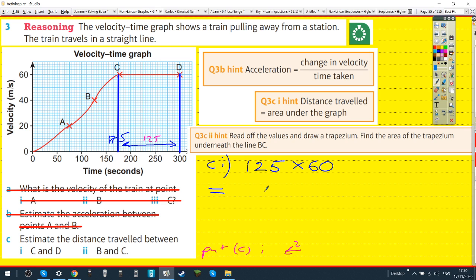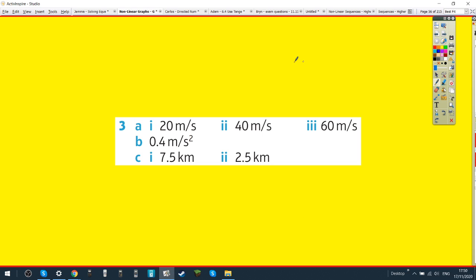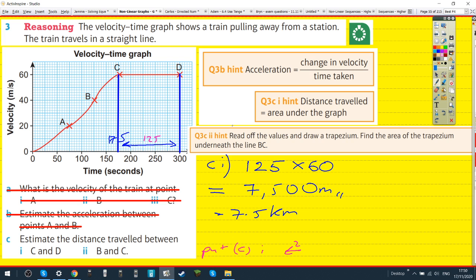And that is 7,500. Or what is that, 7.5 kilometers maybe? Yeah, they did it in kilometers as well. Grand. How would you do from B to C?